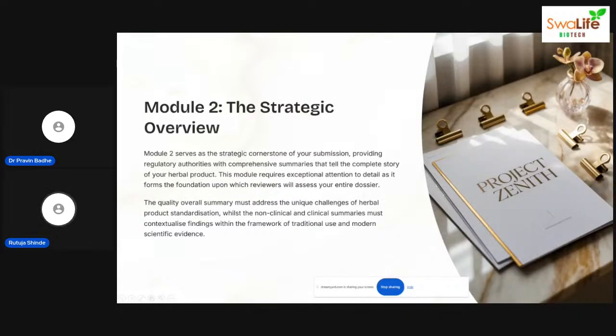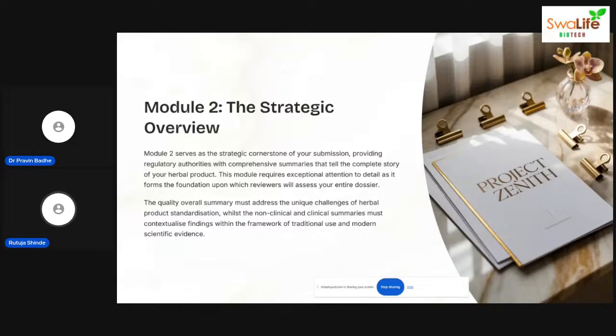Second module is a strategic overview. Module 2 serves as the strategic cornerstone of your submission. It doesn't just summarize data, it tells the product story in a structured way.